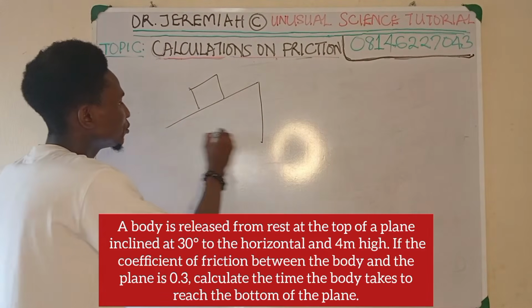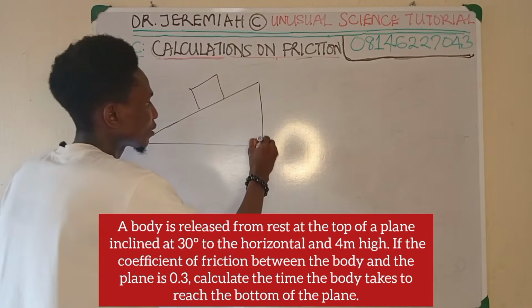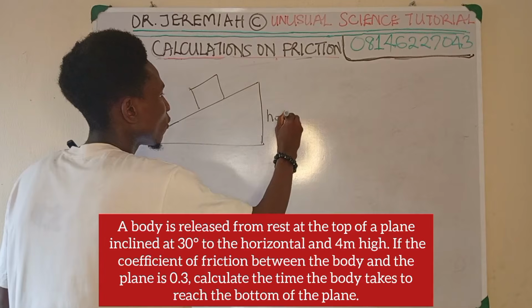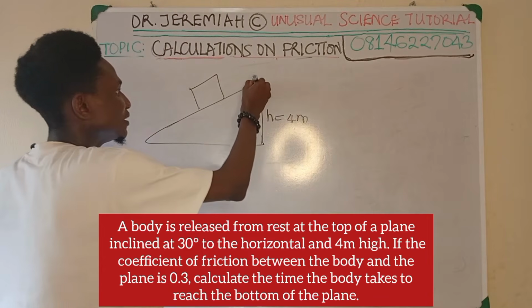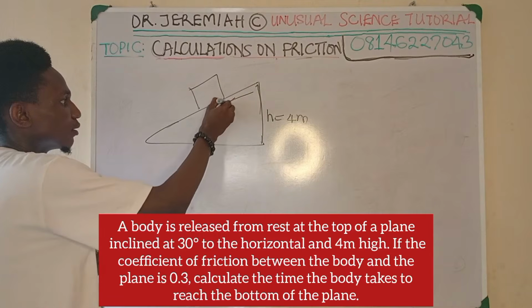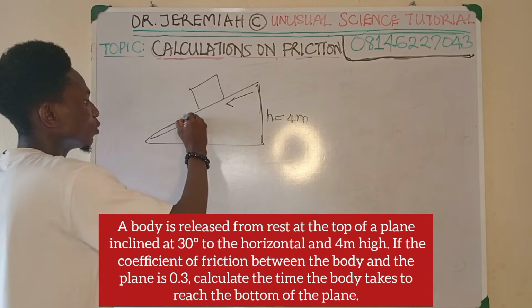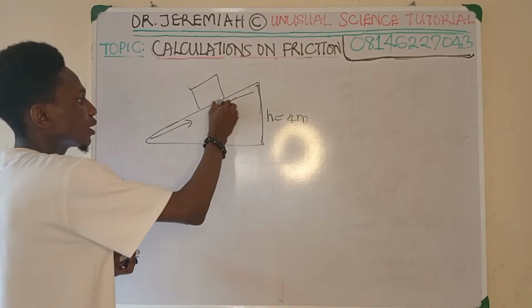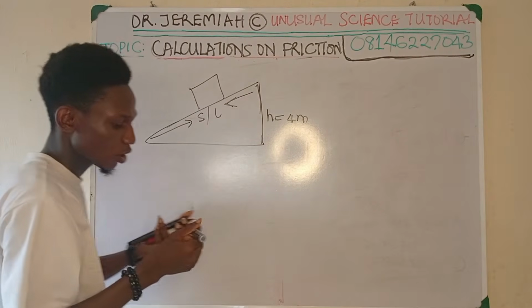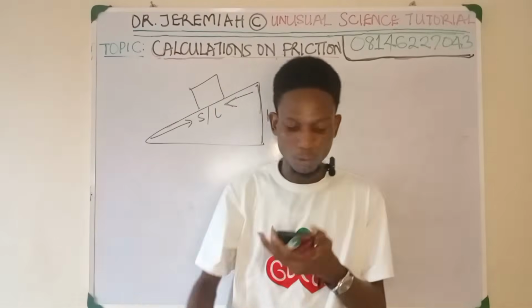They are telling us all this information because this question is problematic. The height is 4 meters. This is the height of the plane. This is called the length of the plane, or distance of the plane. You can call it S or L, any one you want.